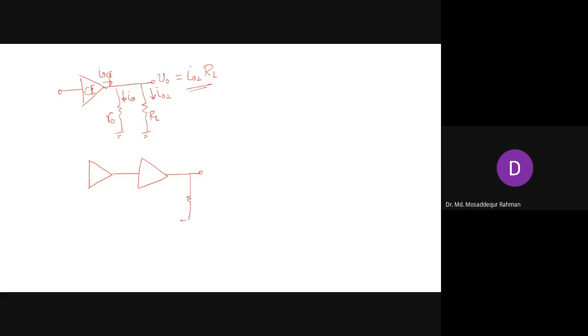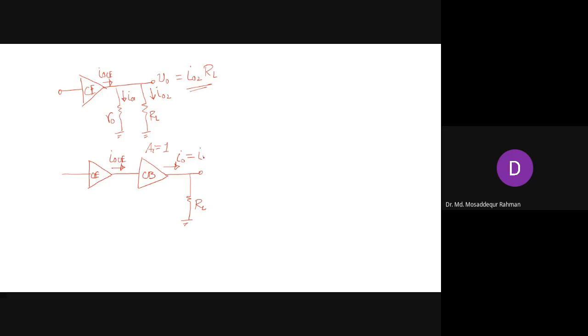Now here you have R L, and this is our common emitter, and this is our common base. And as we have shown, the common base has unity current gain.